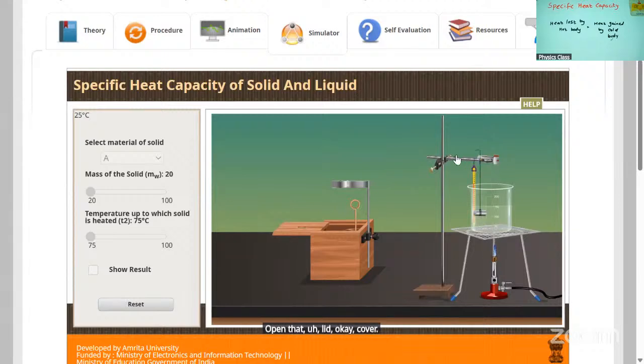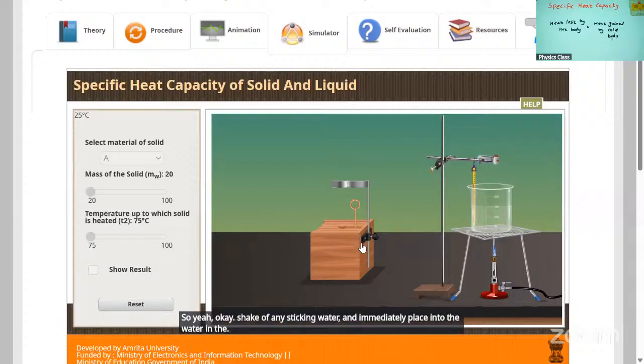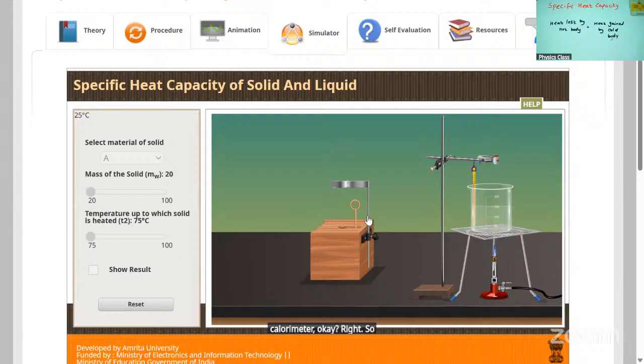Now take that. Shake off any sticking water and immediately place it into the water in the calorimeter. Close the lid and continuously stir the water like that.